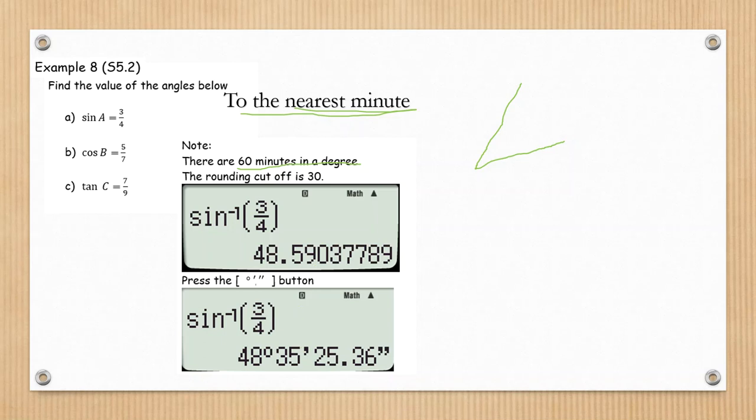And when we press this button, we get 48 degrees, 35 minutes, and 25 seconds. So it's like the time. So when we round this one, this number here is less than 30. So our answer is 48 degrees, 35.